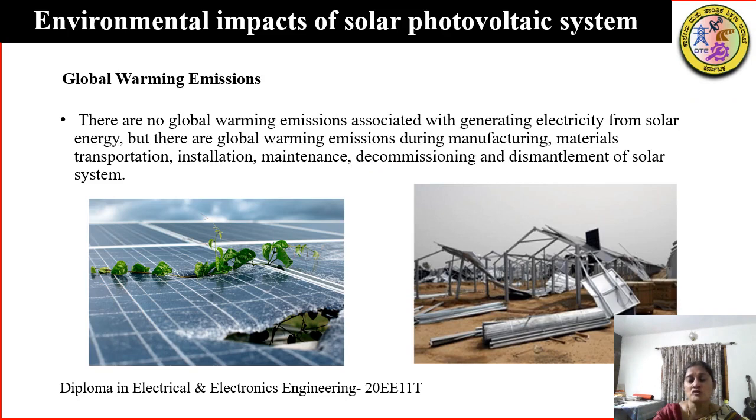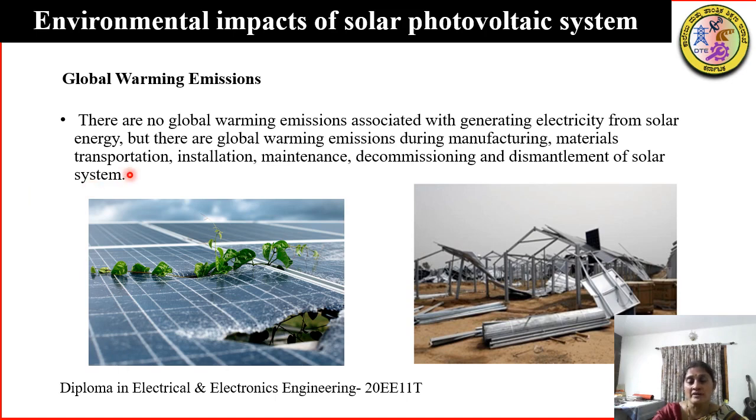Solar photovoltaic systems are not directly responsible for any global warming emission, but during manufacture, transportation of material, installation, maintenance, decommissioning and dismantling of the solar system, there can be an effect on the environment.